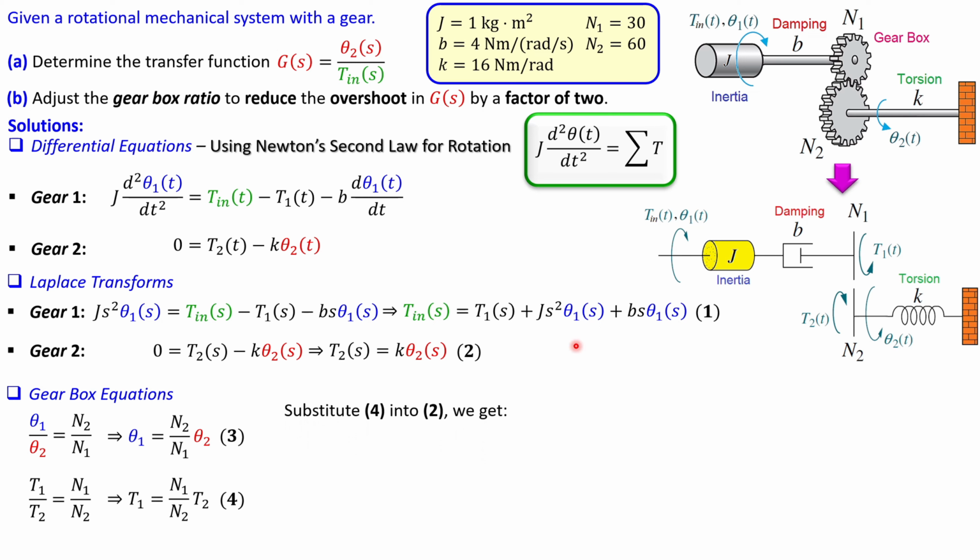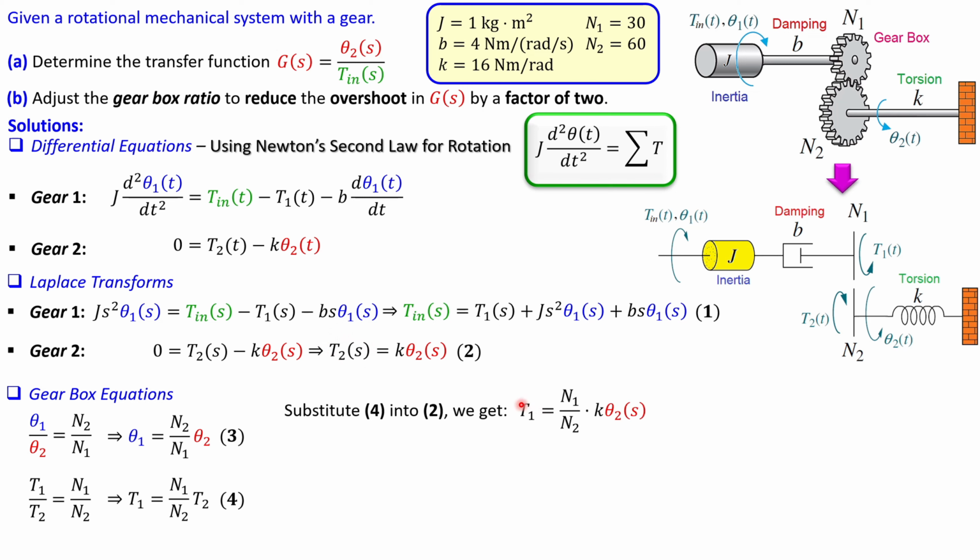So let's substitute this expression in equation number 2. Why? Because we would like to move on towards Tin and also θ2. That's actually what we want to do. So we will get rid of all the terms which are not relevant to this transfer function. First substitute this.